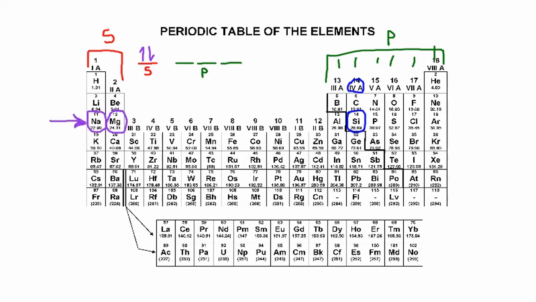Now for P, we follow this all the way over to the P block. And silicon is two elements into the P block. There's aluminum and then there's silicon. So that's 2.